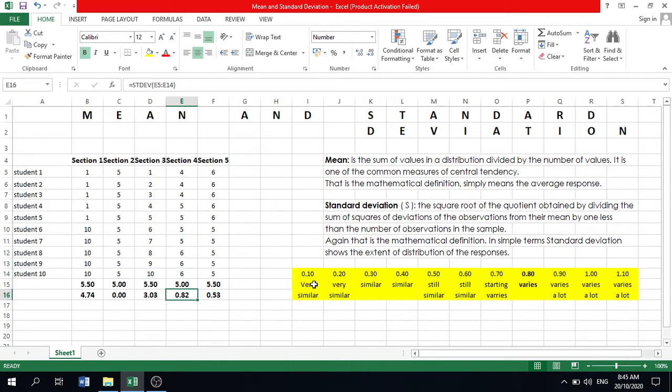So, as you can see, the standard deviation goes hand in hand with the mean, simply because the standard deviation indicates the closeness, the sameness, and the variation of the scores.